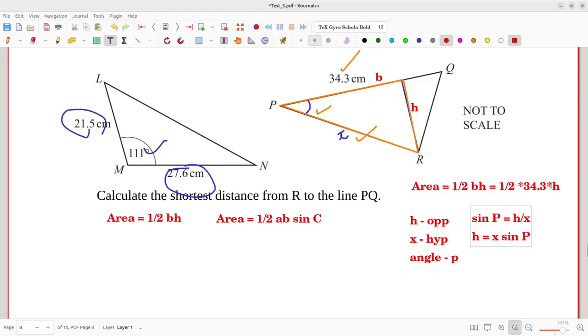Now if I replace h here with x sine p, I'm going to have half of the base, which is 34.3, times the height, which is x sine p, which is actually this formula here. That is where that formula is actually coming from.